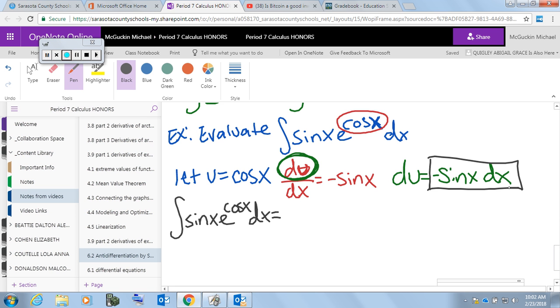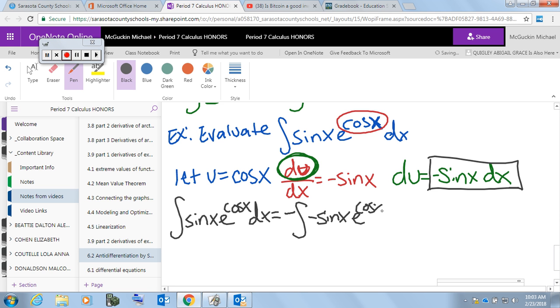Why? Because I need to replace all of that with du so that things are with respect to u. Right now I have a positive sine of x, but I need a negative sine of x. Good news is, we have a great rule of integration that allows me to make this the exact same problem. Negative, negative makes a positive.